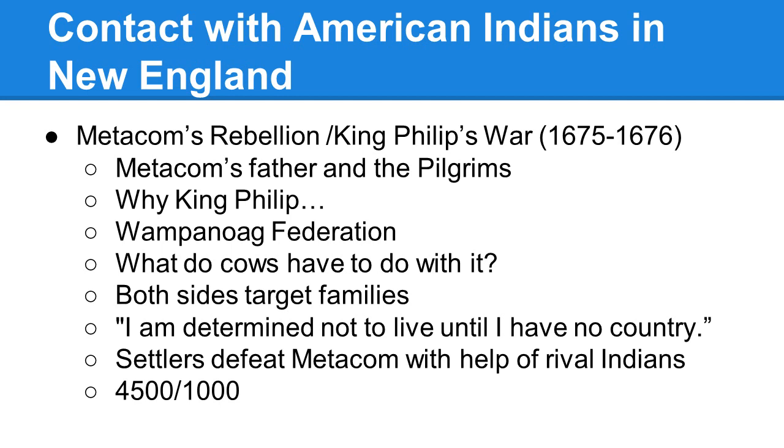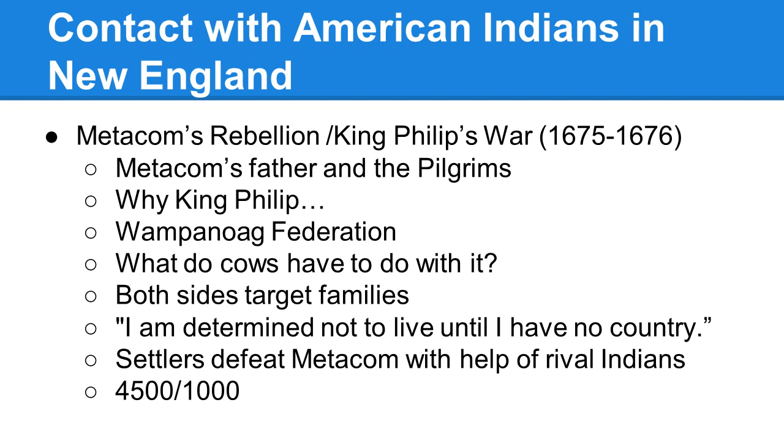When they gave him this nickname, it wasn't to put him down or anything like that. It was just a nickname for a very proud guy. And again, Metacom's father and Metacom himself were members of the tribe that was part of the Wampanoag Federation, and they were not enemies with the New England people until something happened with some cows.